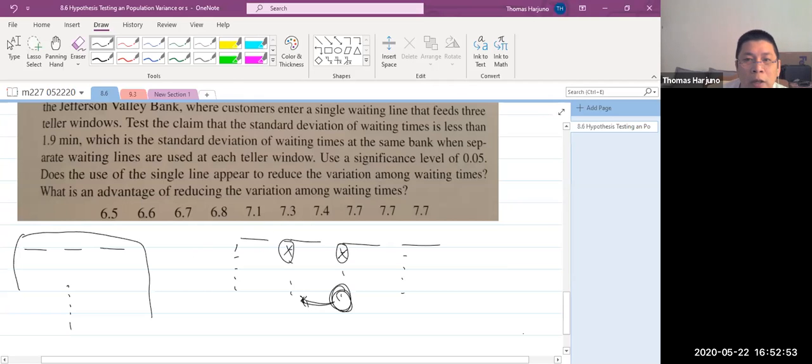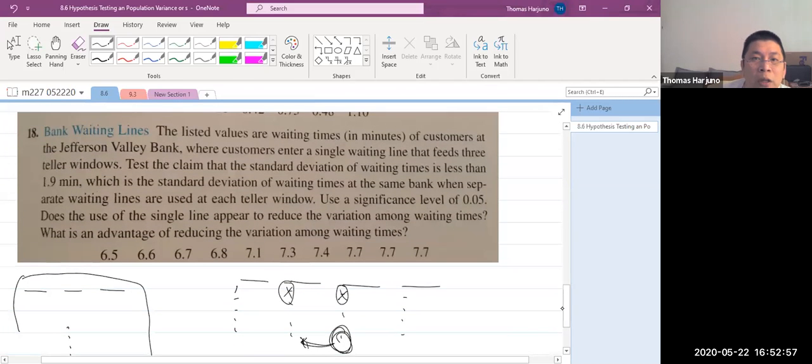Well, anyway, something we can do with this question here. So they have waiting times, and the customer gets into a single waiting line that fits 3 teller windows. Test the claim that the standard deviation of waiting times is less than 1.9 minutes, which is the standard deviation of waiting times at the same bank with separate waiting lines.